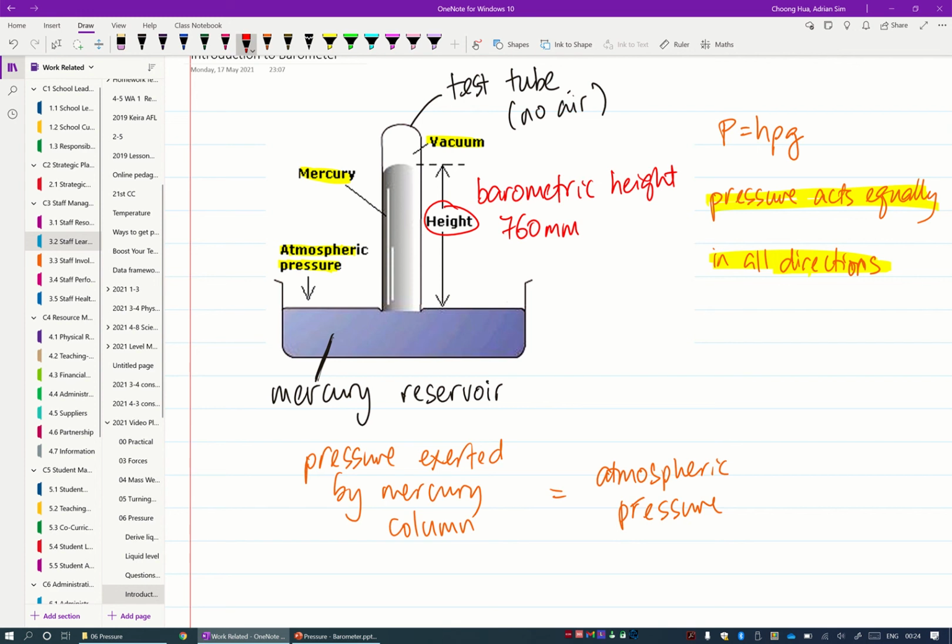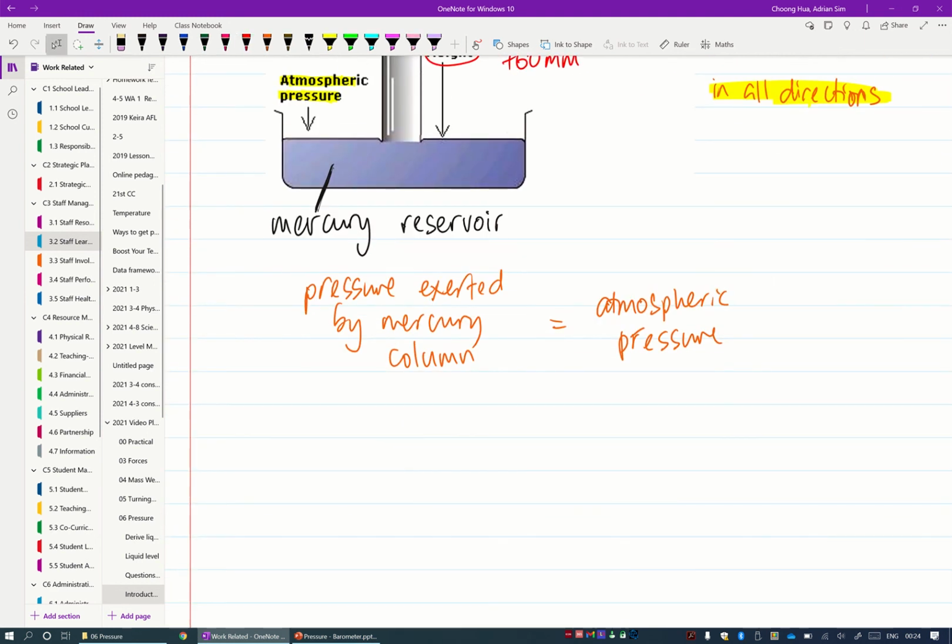So this 760 mm will vary a little. And hence, we can express atmospheric pressure, where ATM is short for atmospheric, to be equal to 760.